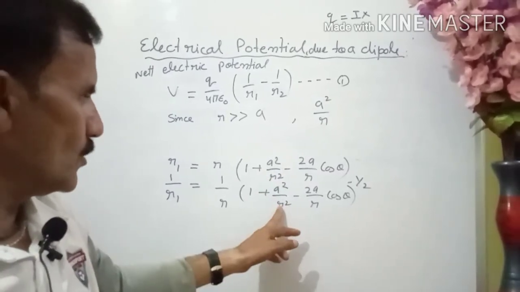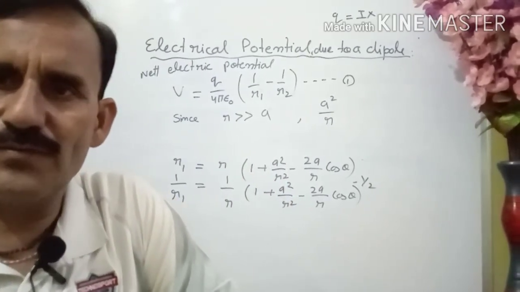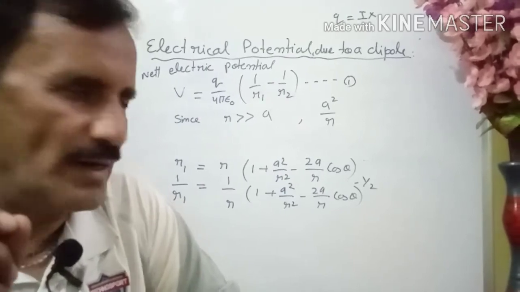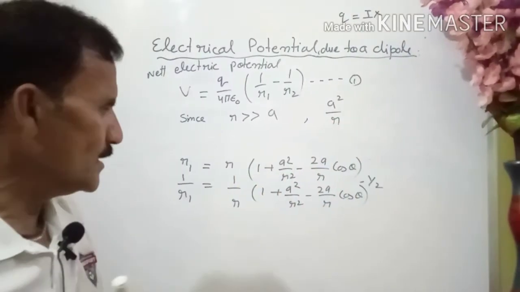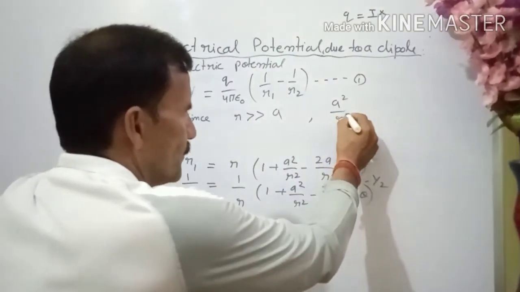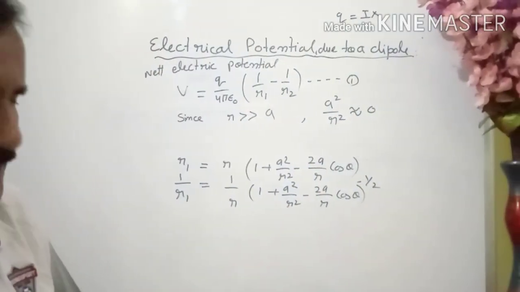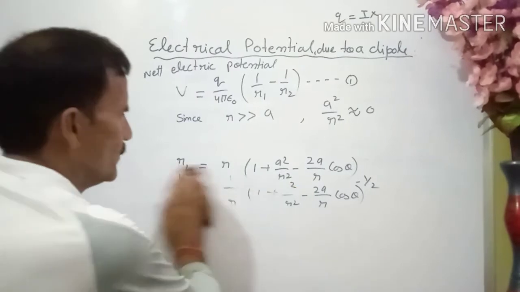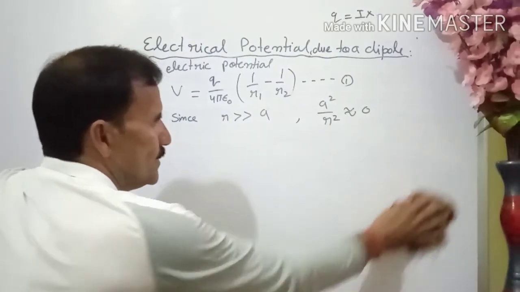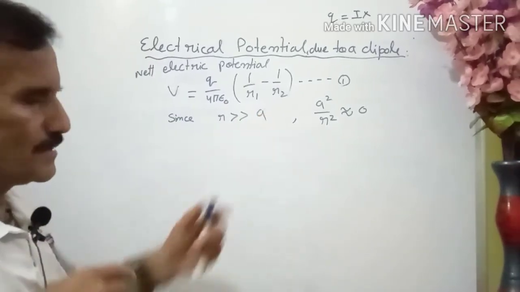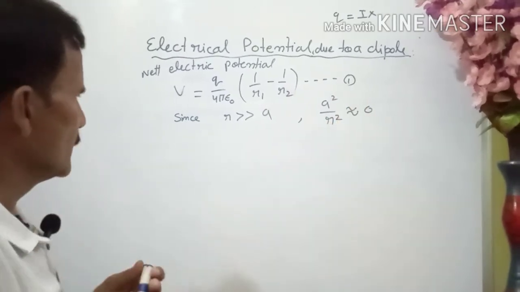When the denominator is very large as compared to the numerator, the value of the fraction is always very, very small. When you square it, you get something even smaller, so that can be neglected. So a square upon r square is approximately equal to 0. This is the approximation. So remember, when r is very large as compared to a, then a square upon r square is always negligible.